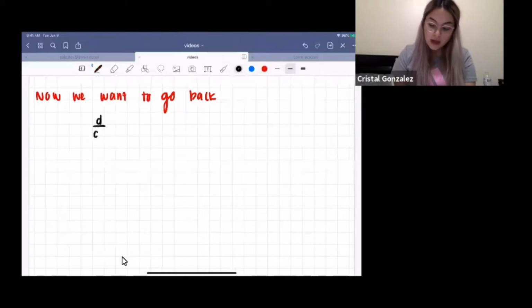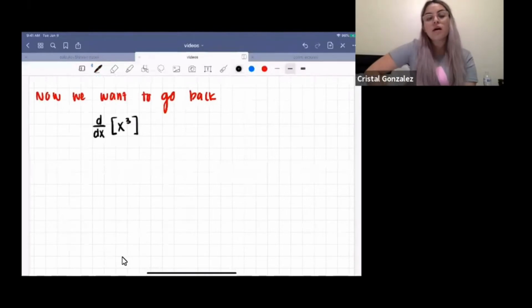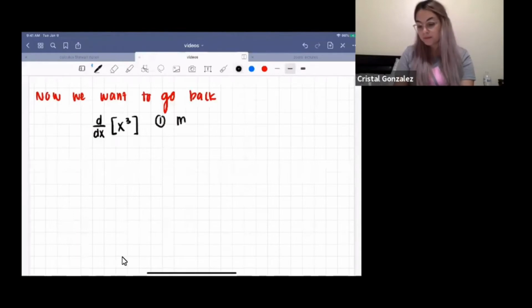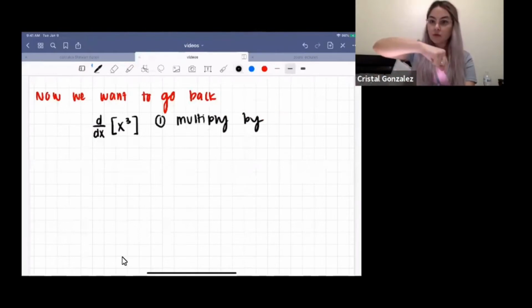So if I have the derivative of x cubed, I know that to take the derivative of this, the first thing I always do is multiply by 3 to the front. So I take that exponent and move it over to the front.